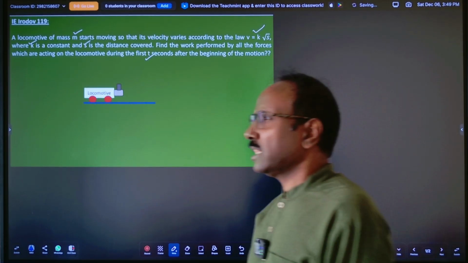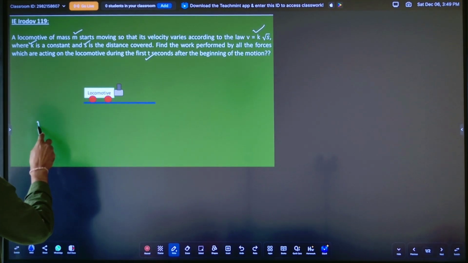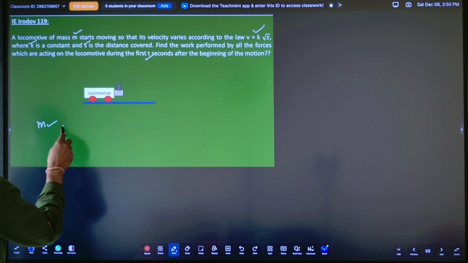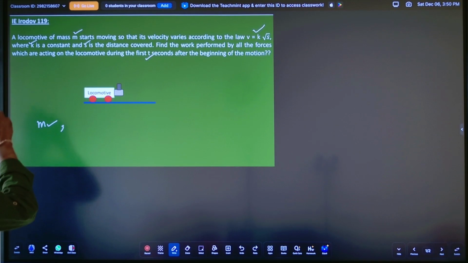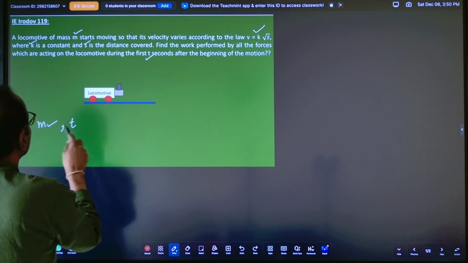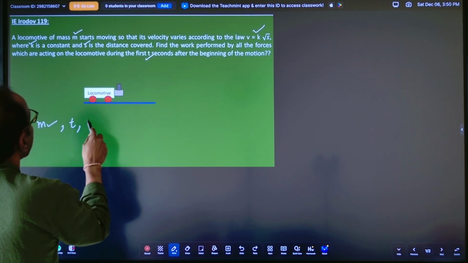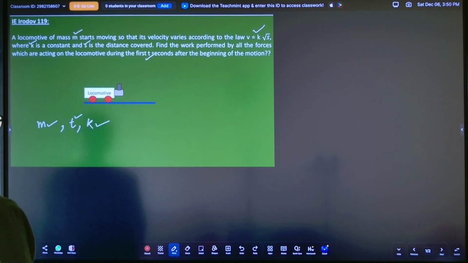So collect all the data which is known to you. Mass is known, t is known, k is known. So these three are known.